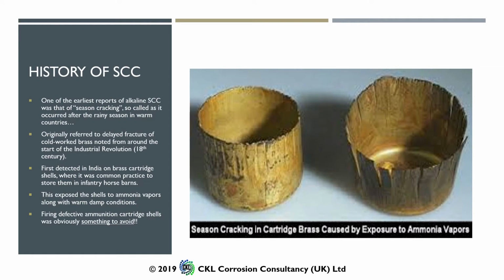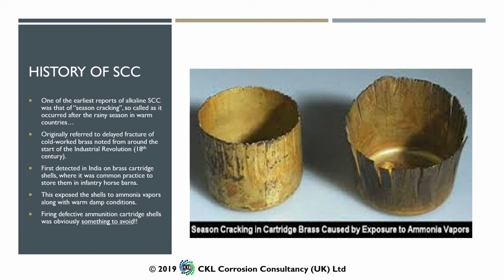If you think about the horses, the shells were there, the horses would urinate, and in the urine would be ammonia, and then the ammonia vapors in the humid climate were condensing on the brass shells, and lo and behold, this was one of the earliest forms of ammonia stress corrosion cracking.